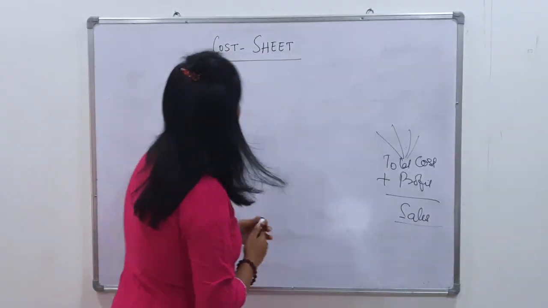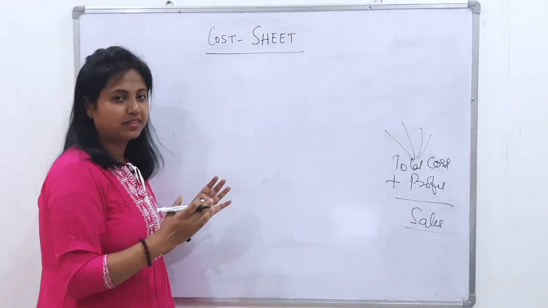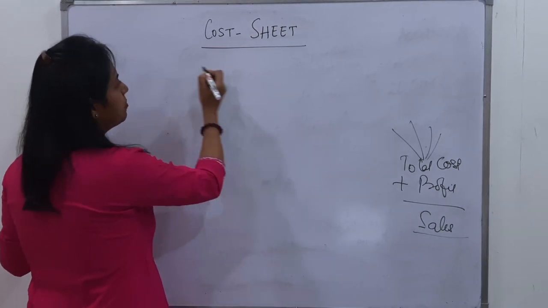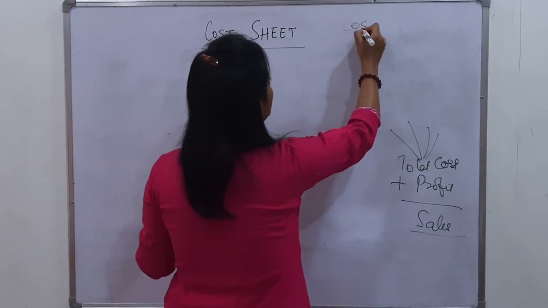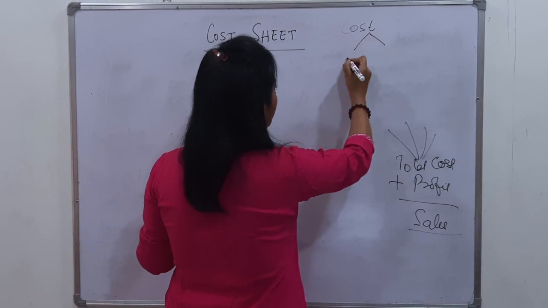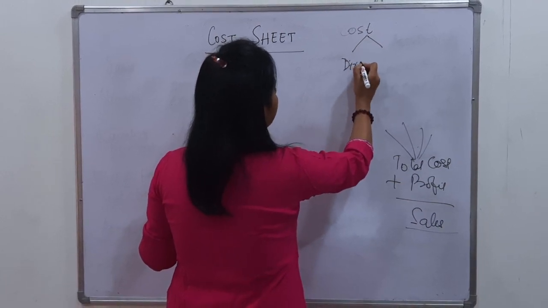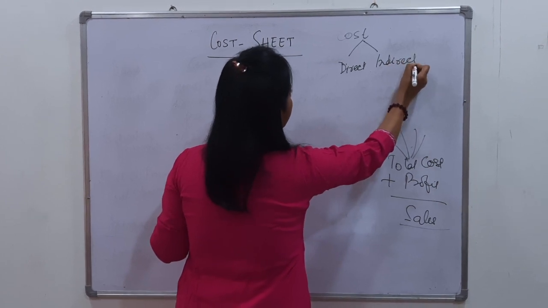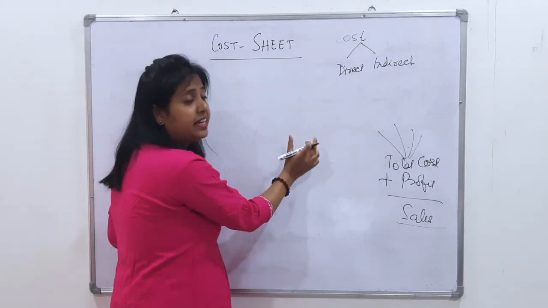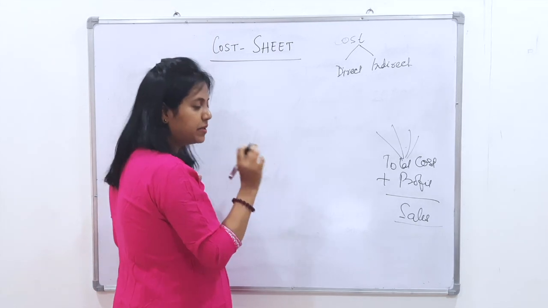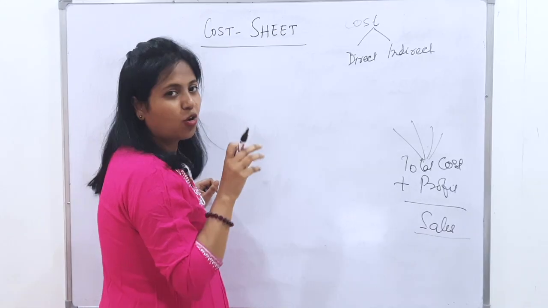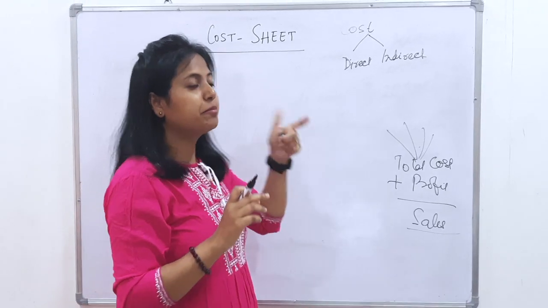A cost sheet is prepared following a standard format. Remember, any cost has got two parts: one is the direct cost and the other one is the indirect cost. Direct cost is that cost which we can directly associate with a product. That means for manufacturing one product, what is the direct material used.